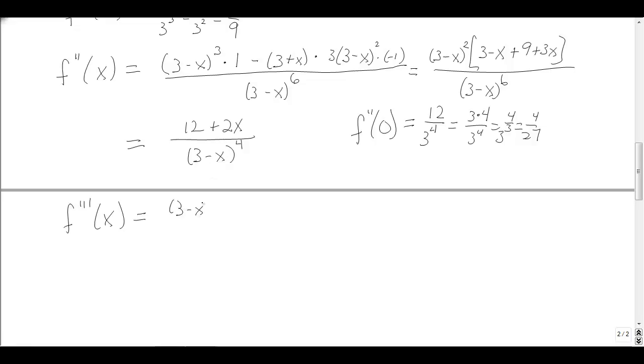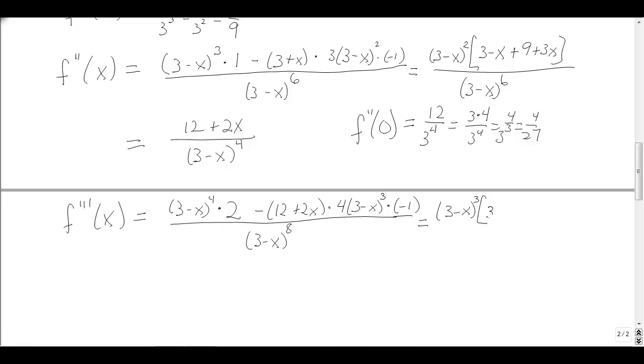I get 3 minus x to the 4th, bottom, times the derivative of the top, which is 2x, minus the top, 12 plus 2x, times the derivative of the bottom, which is 4 times 3 minus x cubed, times the derivative of the inside of that, a negative 1. Then I divide by 3 minus x to the 8th, doubling the 4 to an 8, squaring the bottom. And then here, same thing as before. I can factor out a 3 minus x, this time to the 3rd.